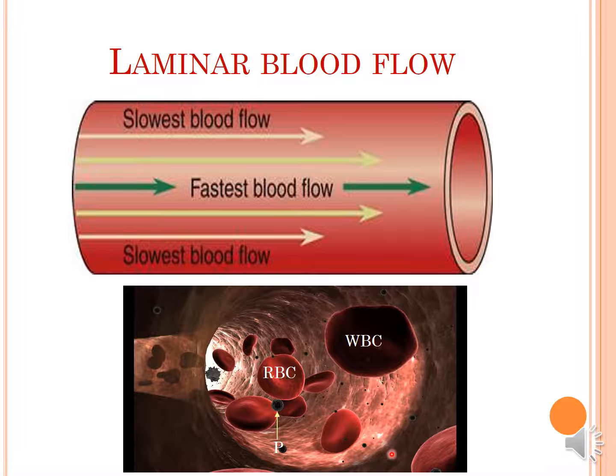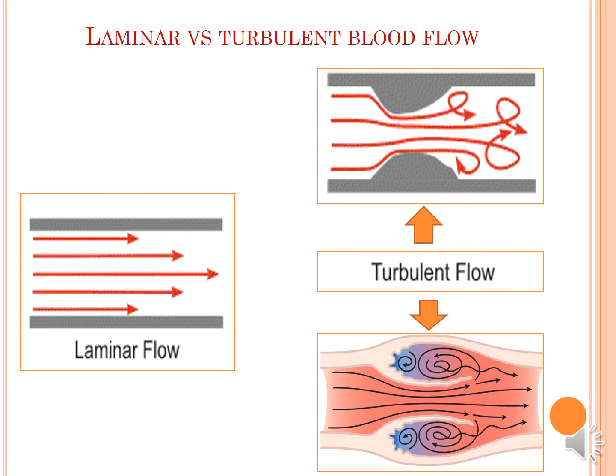Platelets are kept away from the endothelial cell surface under normal circumstances in order to inhibit unnecessary coagulation. So under normal circumstances, the laminar normal flow of the blood will help to prevent unnecessary coagulation.